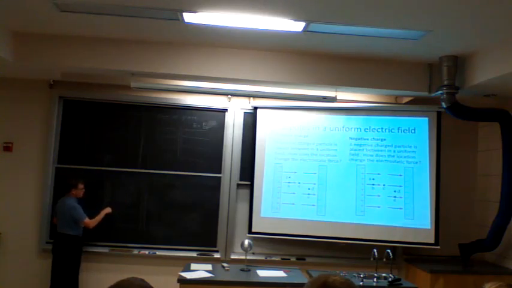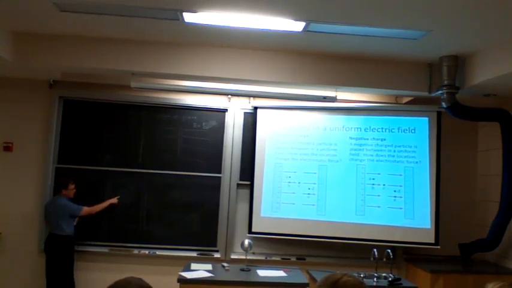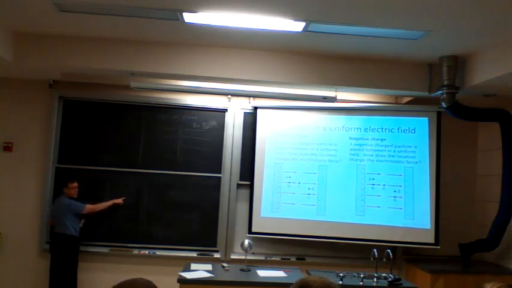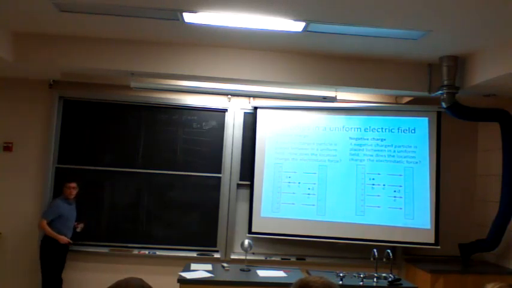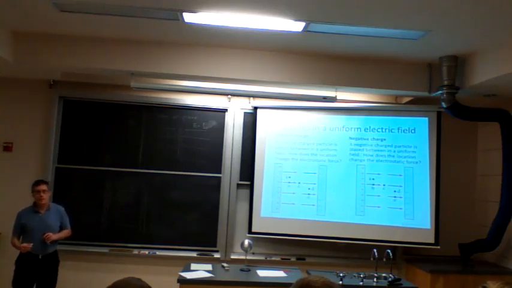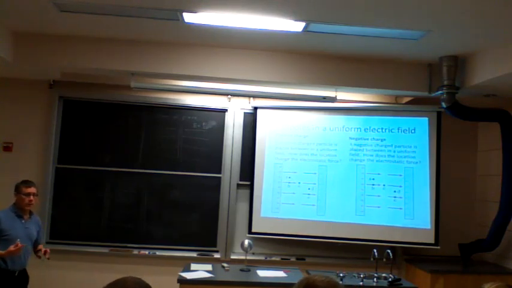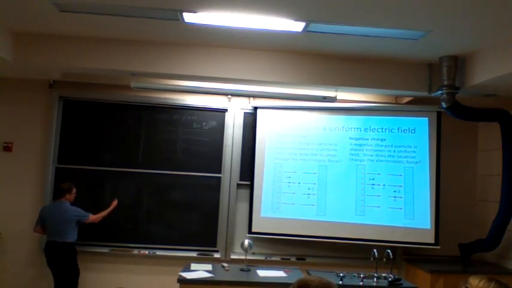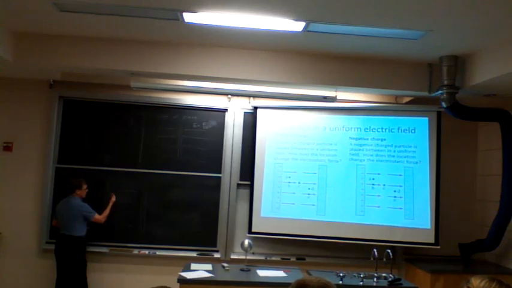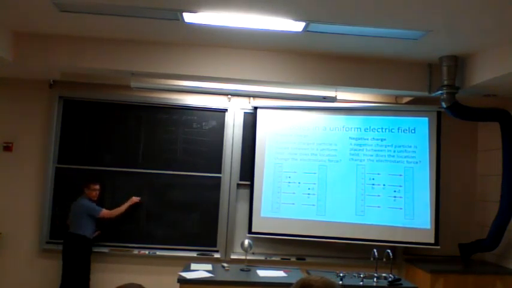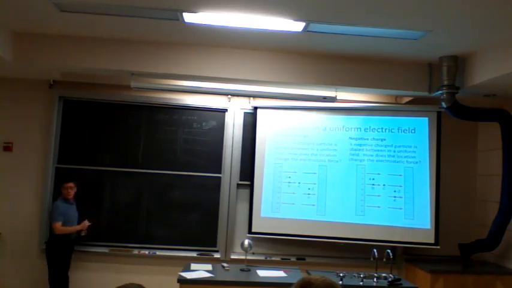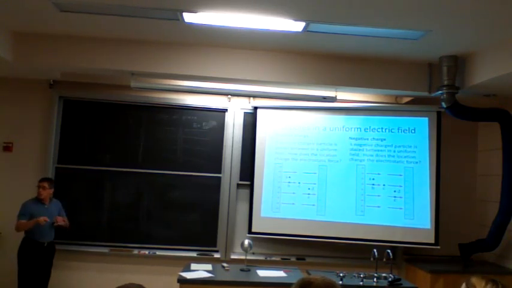The force on the negative side is to the left, and on the positive side, to the right. To the extent those two charges are the same, what's the net force on that object? Zero. So it's polarized, maybe because it's an electron cloud. The electron cloud has been attracted to the positive side and repelled from the negative side, but the net charge is the same. The net force is zero. So it's polarized, but the net force is zero.